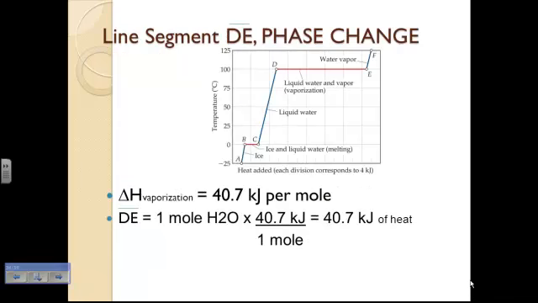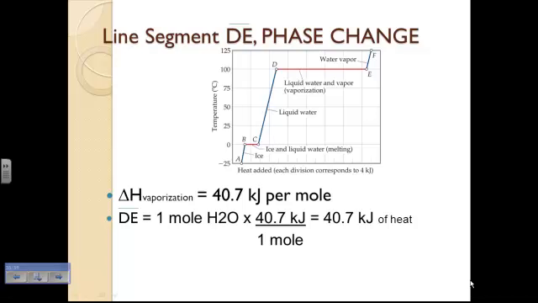We examine the next line segment. From point D to point E, it's a flat line representing a phase change. We called that the heat of vaporization. When liquid water turns to steam, that is a phase change known as vaporization. It is a constant we're working towards remembering as 40.7 kilojoules for every 1 mole of water.